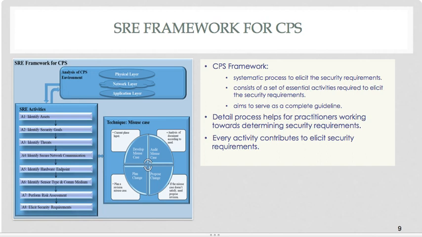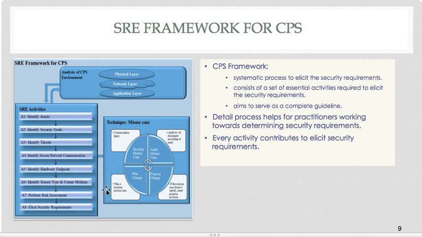So now I come to explain the security requirements engineering framework for cyber physical systems. In this case, we need security requirements for cyber physical systems. To fill this gap, I have developed a security requirements engineering framework for cyber physical systems, which consists of a number of activities, and these activities are essential to elicit the security requirements.